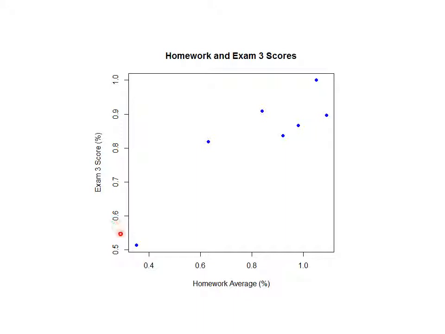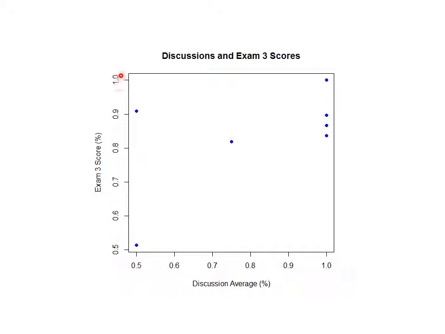And you see that there's a fairly linear relationship, much stronger than we've seen before with Exam 1 or Exam 2, between doing well on the homework and then doing well on Exam 3. If we just look at the discussions, it's not quite as tight. Again, discussion scores are on the x-axis, the horizontal axis, and your score on Exam 3 is on the vertical y-axis.